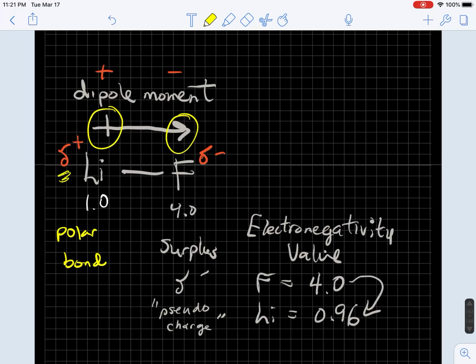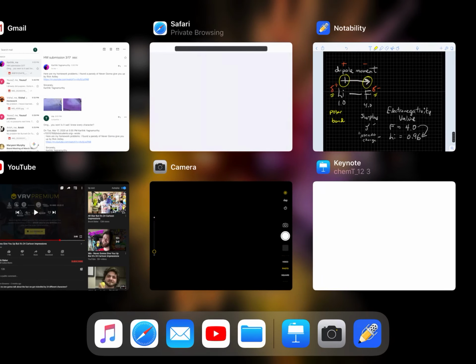So this would be called pseudopositive, and this would be called pseudonegative. Pseudo means that, yes, there's a deficiency on the pseudopositive, there's a surplus of charge on the pseudonegative, but it's not the same coulombic value as a pure -1 charge like an electron is by itself. But there is a disparity of the electron charge cloud.